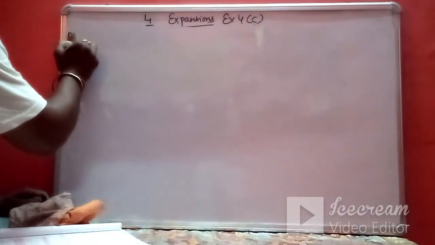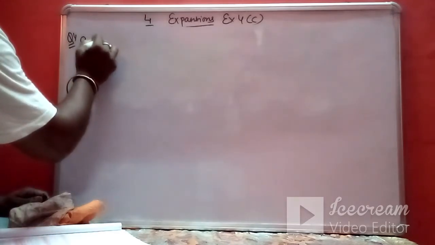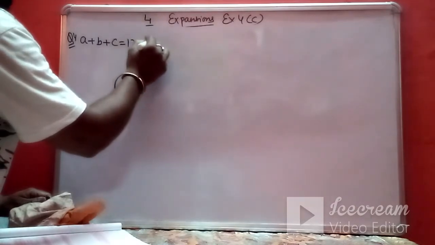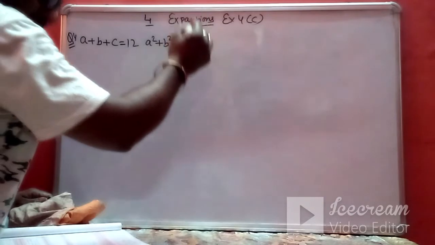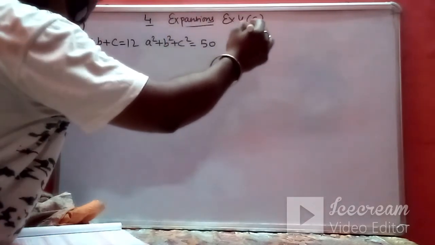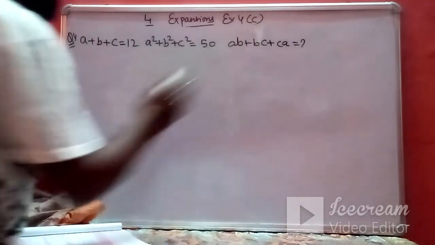Question number 4. So it is given that a plus b plus c equal to 12, a square plus b square plus c square equal to 50. So we have to find this value. See, in questions 4 to 8, in all the questions same concept we will use.